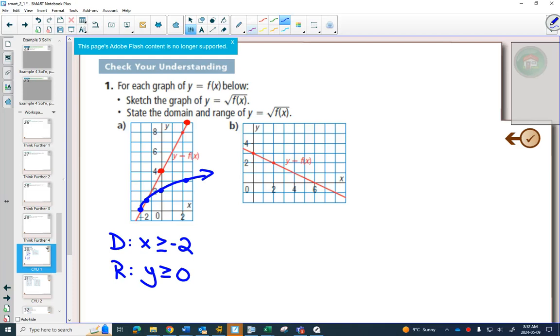So when you're asked to square root a function, step 1 will be to draw the function. Lots of times on the exam, questions are like this. They already give you the picture. But it could be that inside you have to first graph sine of x, or you have to first graph x squared. So step 1, draw the original graph on the inside. That's done for us already.